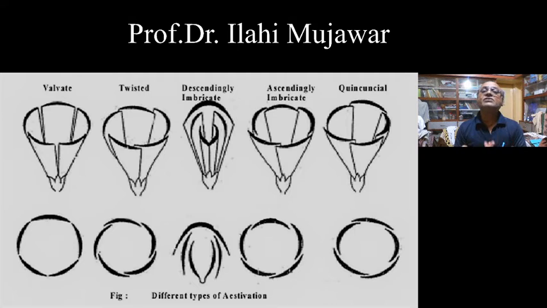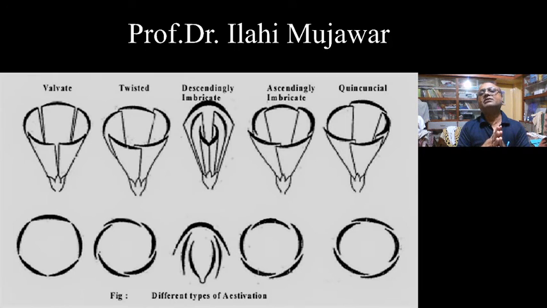Then quincuncial type. Quincuncial means one petal or sepal is completely outer and exactly the opposite side is also outer, and another one is completely inner. Such a type is called the quincuncial type.